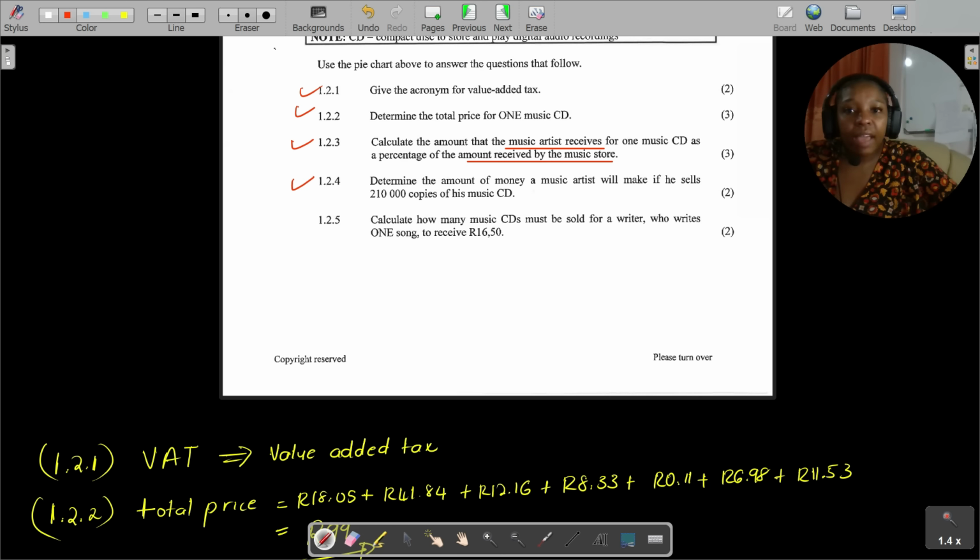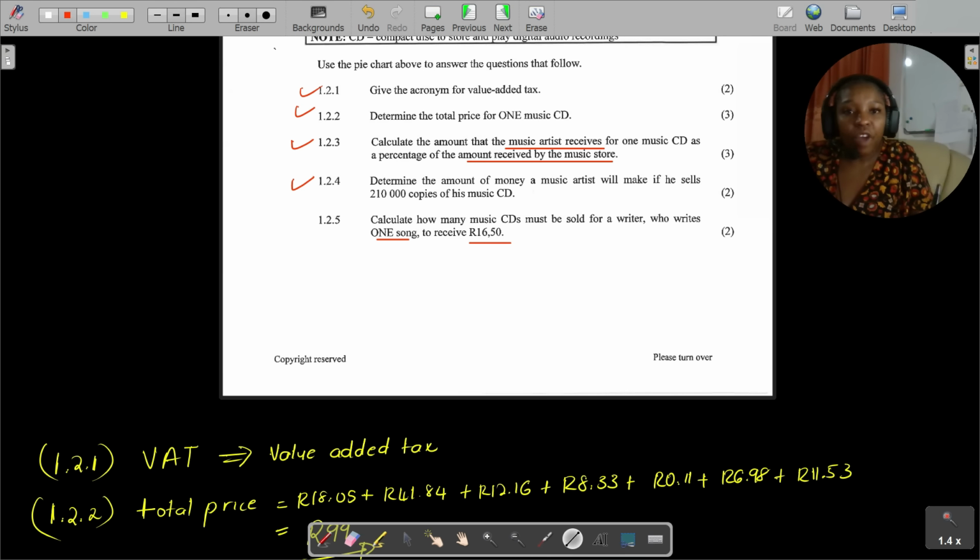Question 1.2.5: calculate how many music CDs must be sold for a writer who writes one song to receive 16 rand 50. Here we want to determine how many CDs must be sold.